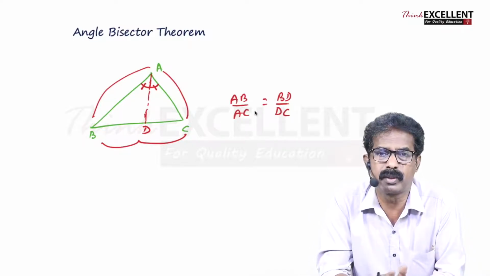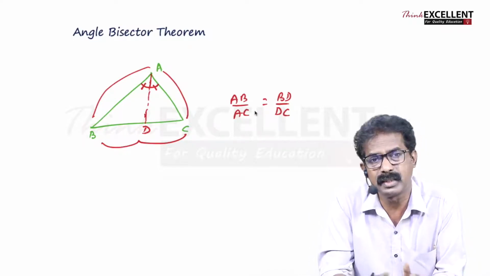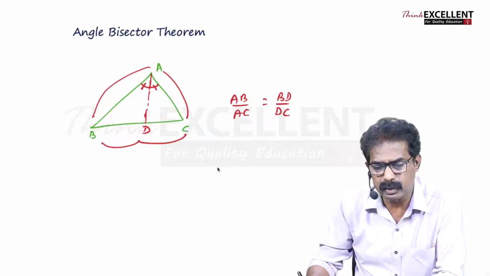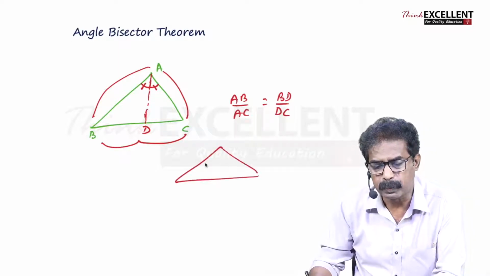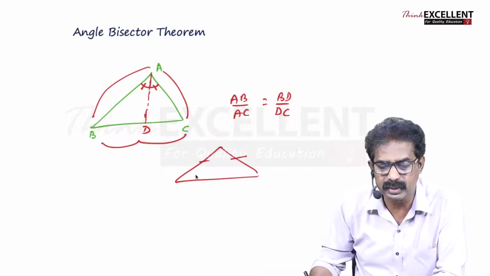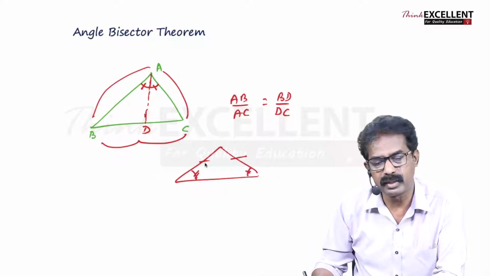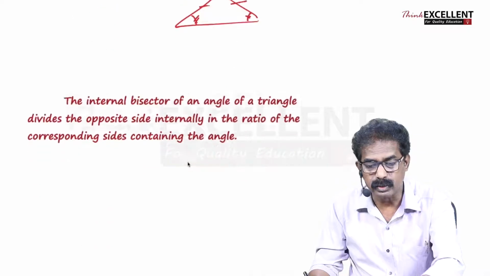How can you prove two triangles are similar? One method is AA similarity. If two corresponding angles are equal, then the triangles are similar. Another important thing in a triangle: if two sides are equal, then the two angles opposite them are also equal, right?